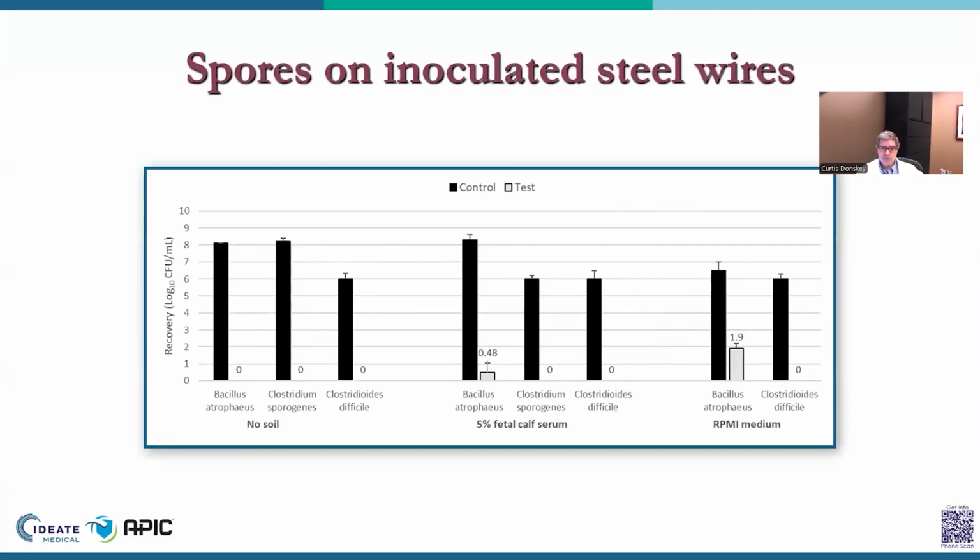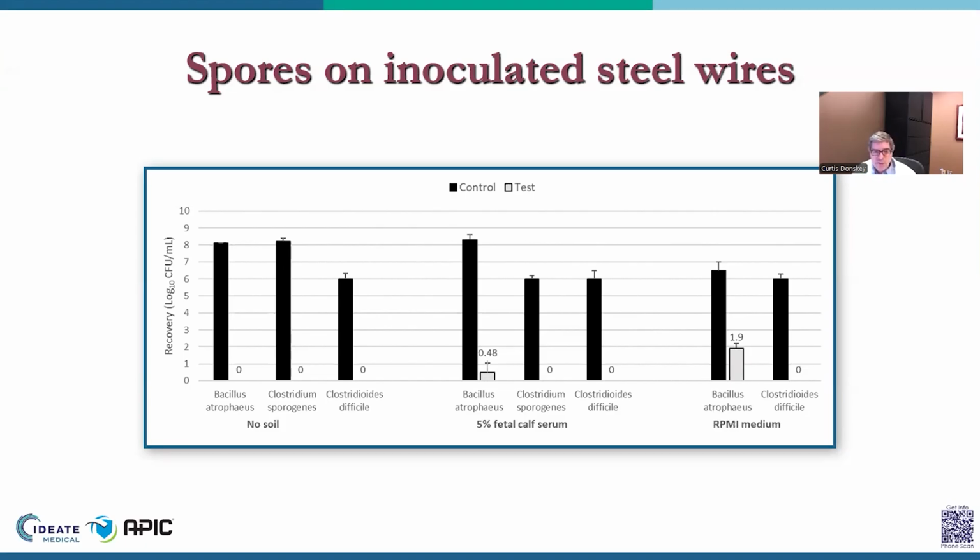And here's some of those data. You're looking at spores on inoculated wires, and as you can see, with no soil on the left of the slide, you're seeing the amount recovered in the dark bars, and next to those dark bars are zeros. So there were no spores recovered after sterilization when there was no soil present, including in the presence of 8 logs, a very large inoculum.